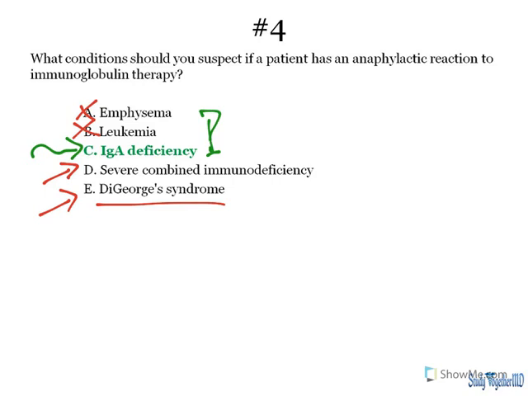And you also have to look for absent or hypoplastic thymus, congenital heart defects, and typical faces. And they're very susceptible to fungal and viral infections. So that's a safe way to exclude these two. And memorize that IgA deficiency and immunoglobulins do not go together.